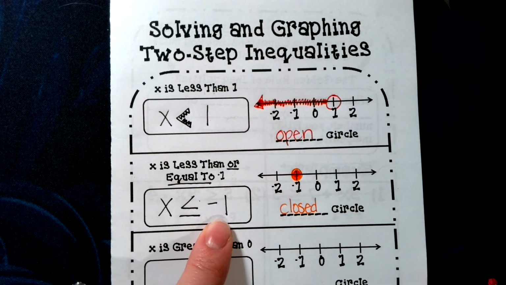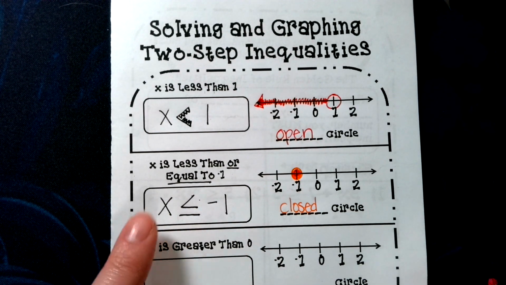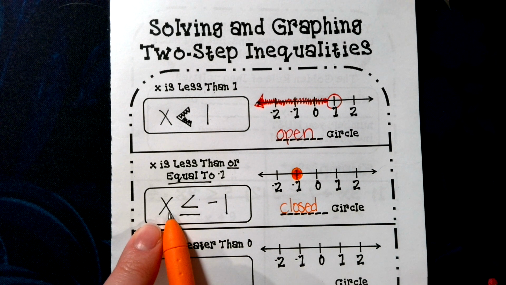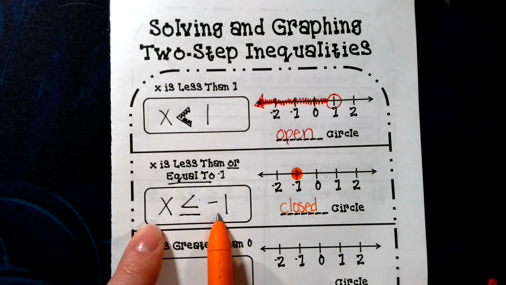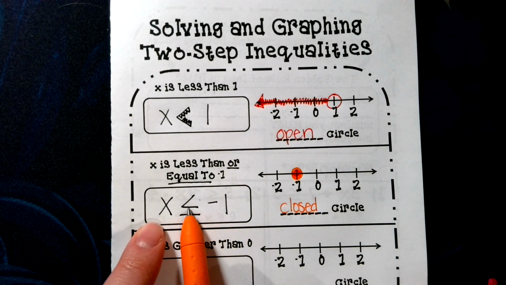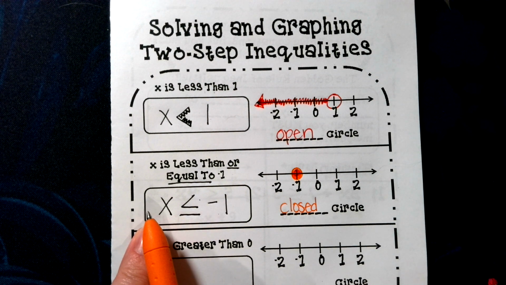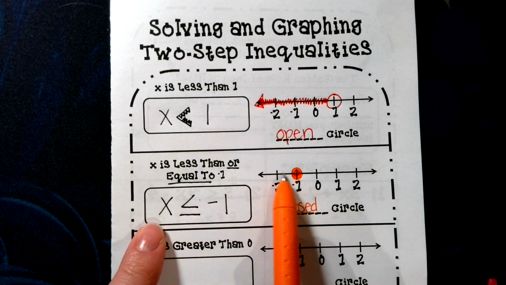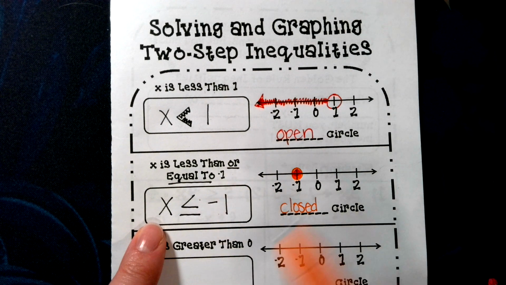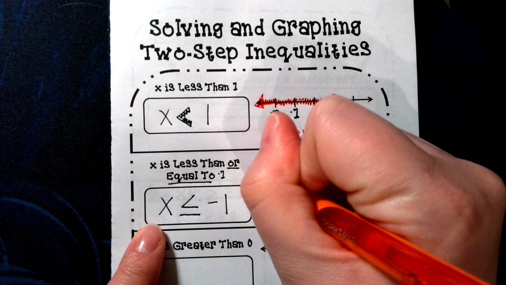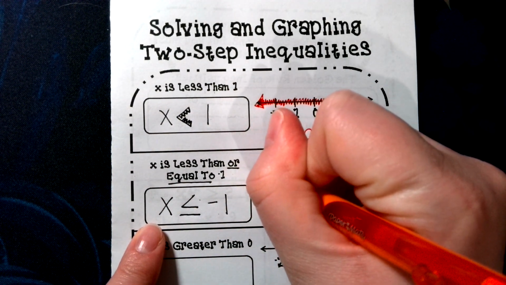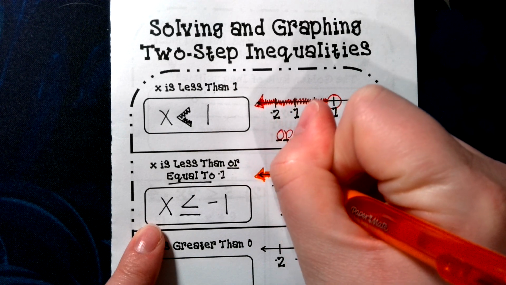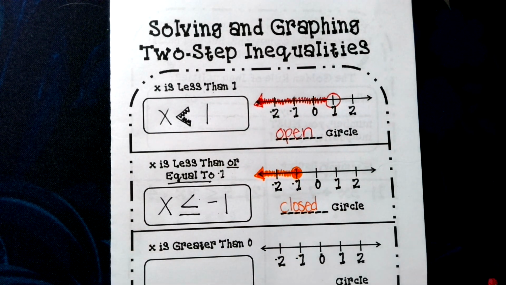I need to fill it all the way in this time. And then we see here, x is less than -1, so we need to color this way. We need to color the numbers that are smaller than -1. Again, if you want to use the markers or the colored pencils to help you see things better, go ahead and do that. That's why they're there for you.